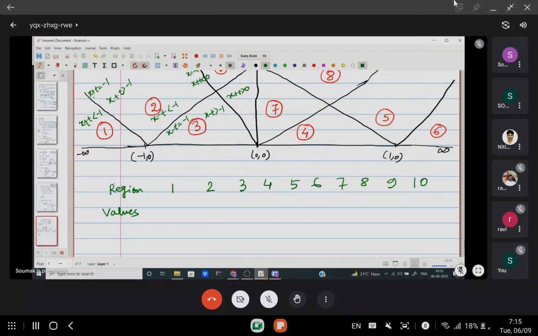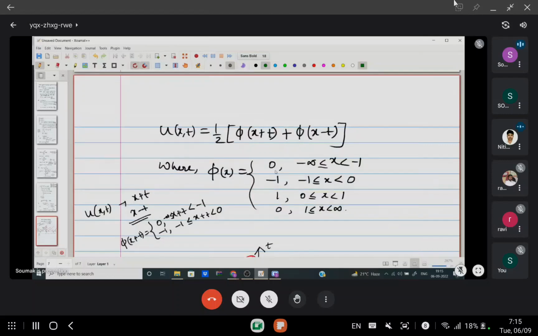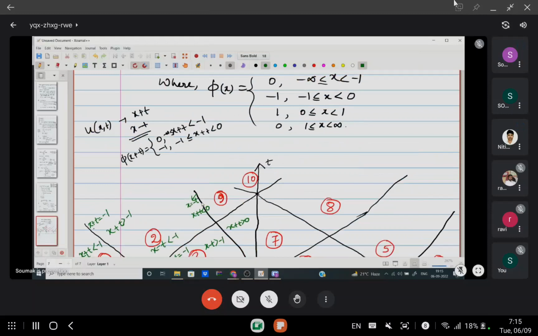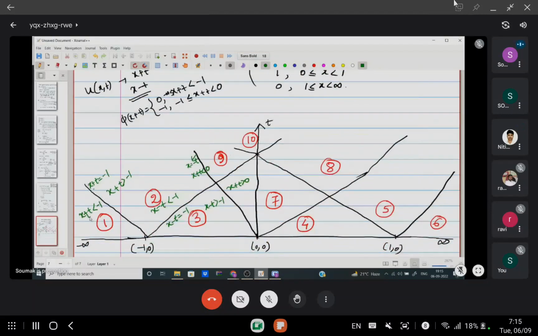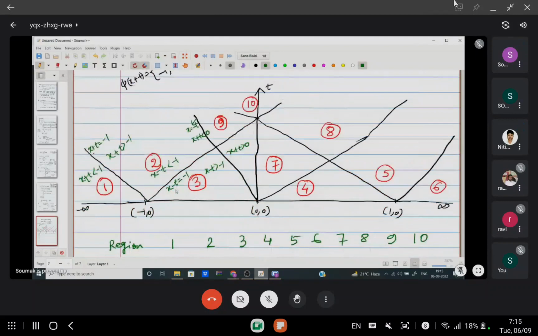And what are the values phi takes in these regions? Phi of x plus t is 0 whenever x plus t is less than -1. So in this region phi is 0, right? In region 1, phi of x plus t is 0. What is phi of x minus t in that region? Can anyone tell?